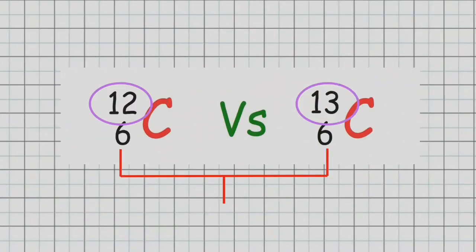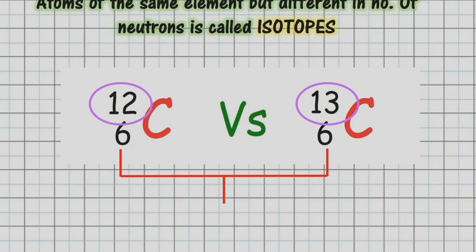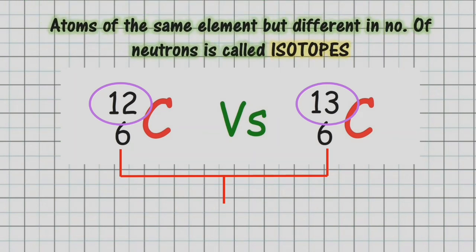What if you have this situation? You have the same element with the same atomic number but different atomic mass. What do you call this one? Atoms of the same element but different in number of neutrons or atomic mass are called isotopes.